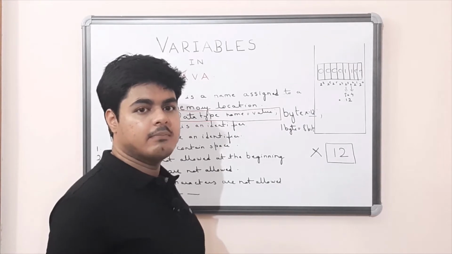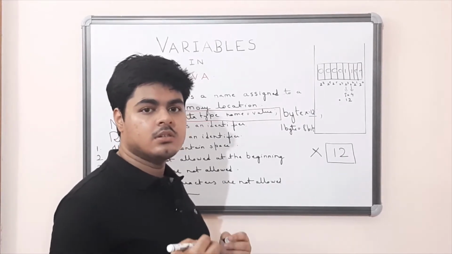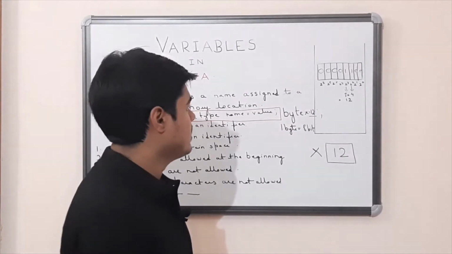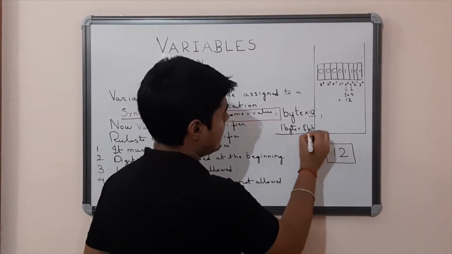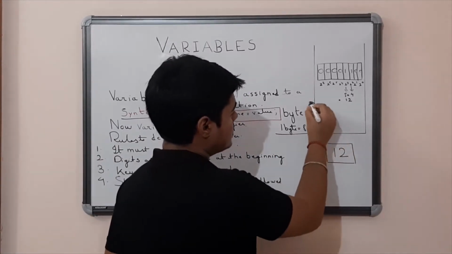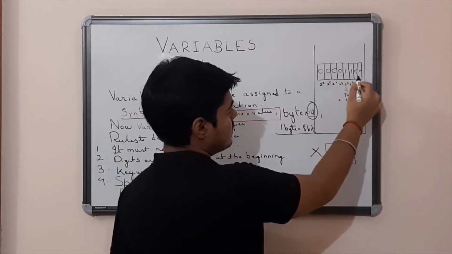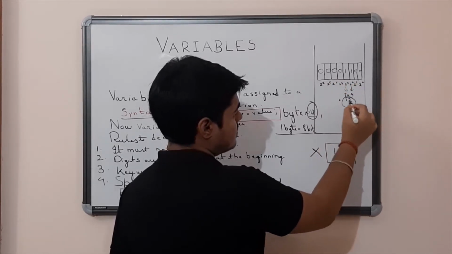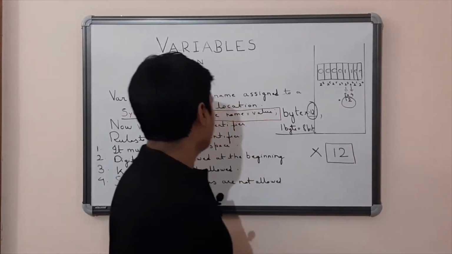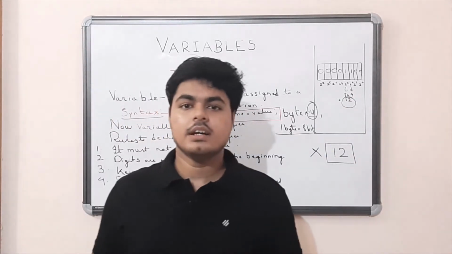So in RAM the data is stored in terms of 0 and 1. Now byte is equal to 8 bits, so this value is stored in 8 bits, that is 00001100, which sums up to 12.